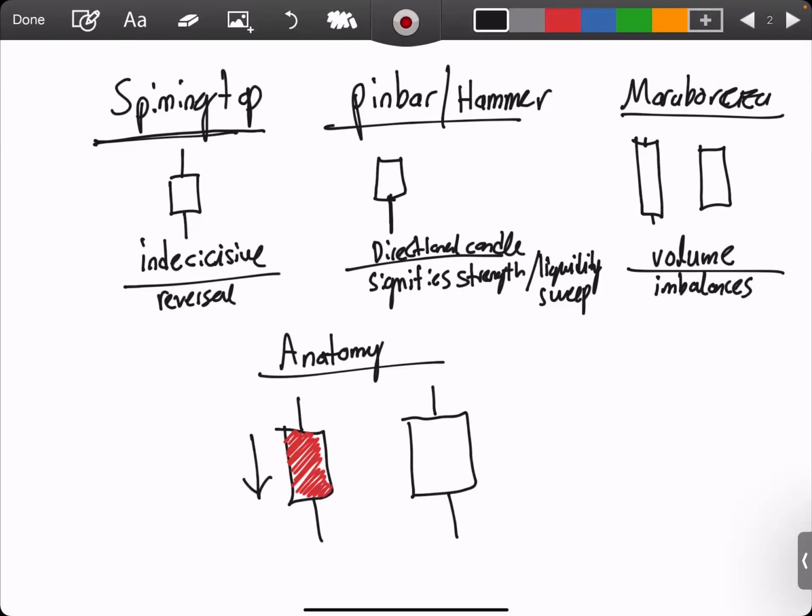And we have green candles, which signify upwards price action. Now, the way these candles move are one and the same. However, bearish candles signify downwards movement. Green candles signify upwards movement.